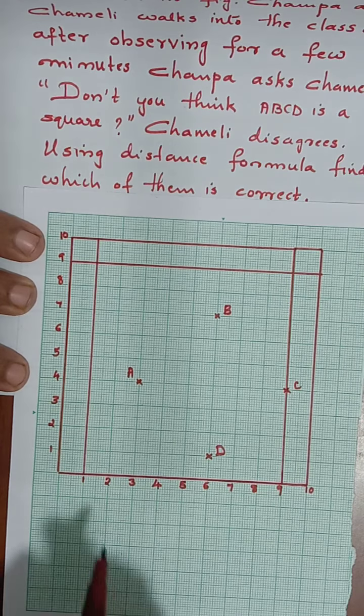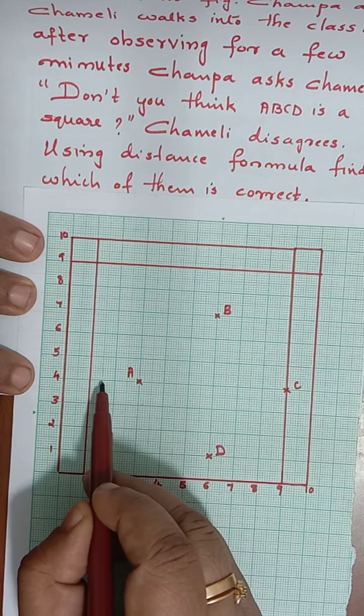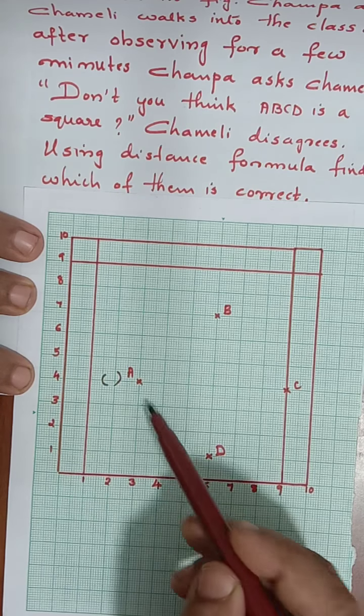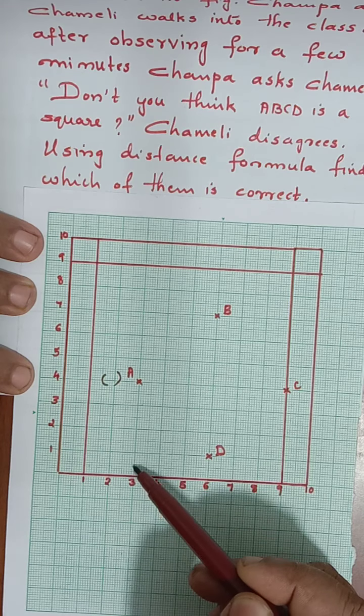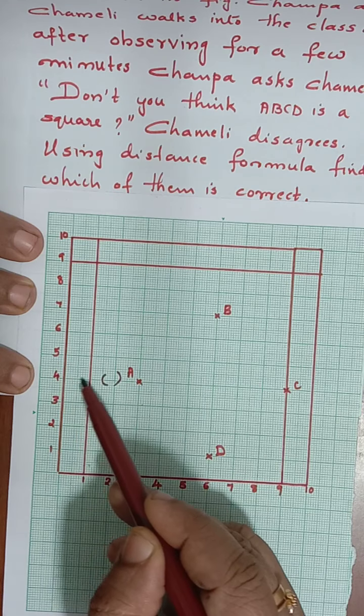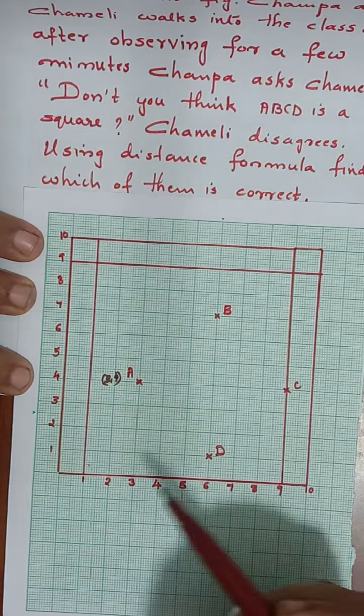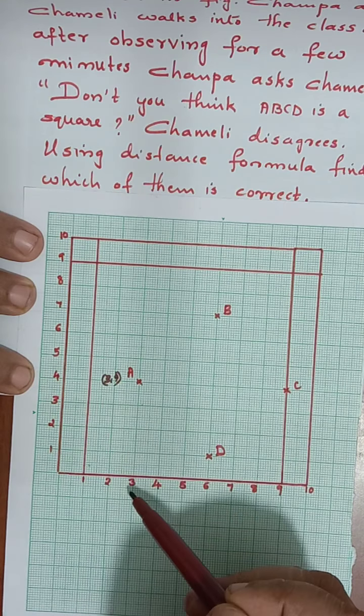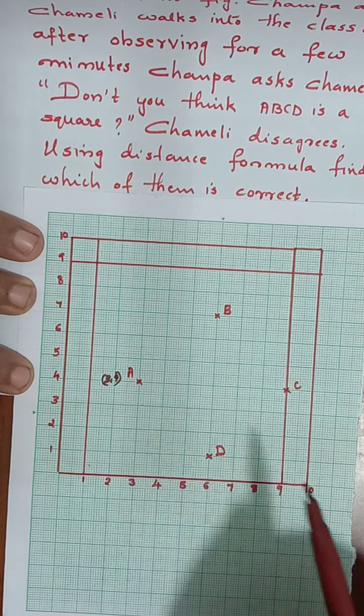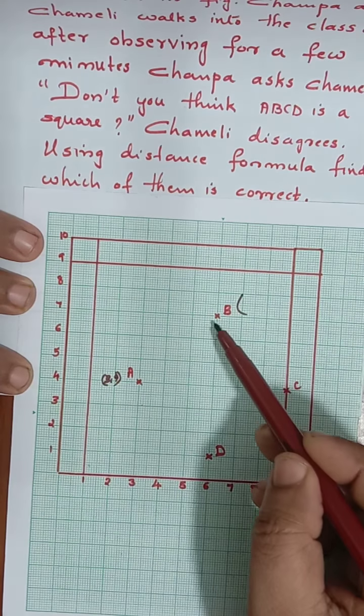Let us find the coordinates of A. What is the coordinate of A here? A is here. From the x-axis it is 3 units. From this it is 4 units. So isn't it 3, 4? X is 3, Y is 4. Now B. What is this point?